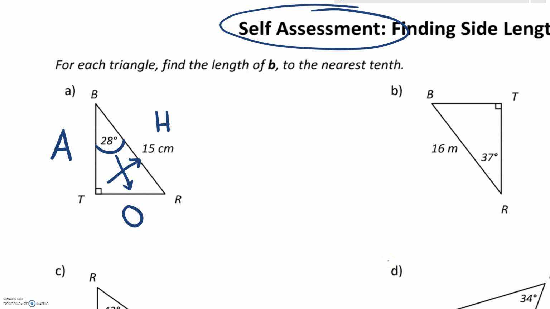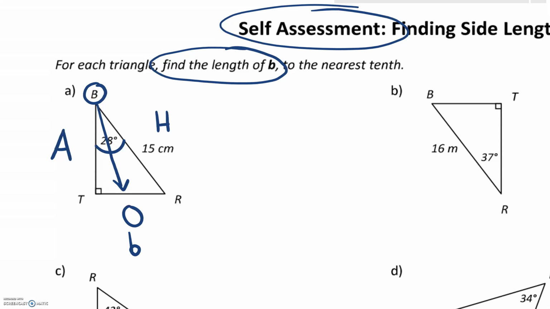Now that we've labeled the sides, we can go ahead and find the length of side B. Lowercase b is always directly across from capital B. So there's capital B, angle B, and right across from it is where lowercase b is found. Now that I know the location of lowercase b, I know my opposite, my adjacent, and my hypotenuse, I can really start with find.